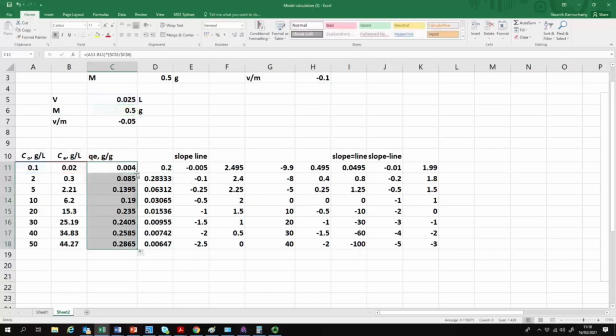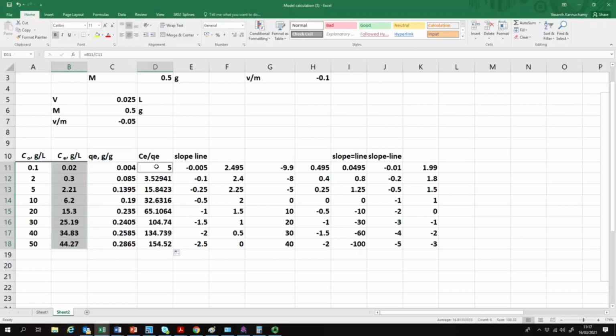So this is fine. This is our QE value. Now we have to calculate CE by QE. I'll go through this bit faster. CE divided by QE is already here. So all you need is to plot CE versus CE by QE.